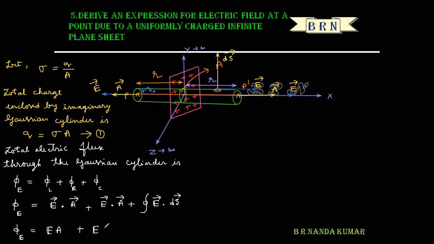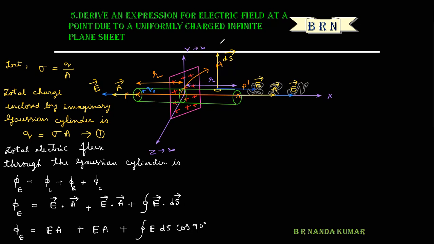So this is EA cos 0, which is 1, plus the integration of the dot product of two vectors, given by the magnitude of the E vector, the magnitude of ds vector, and the cosine of the angle between them. So what is the angle between the E vector and the ds vector? That is 90 degrees.